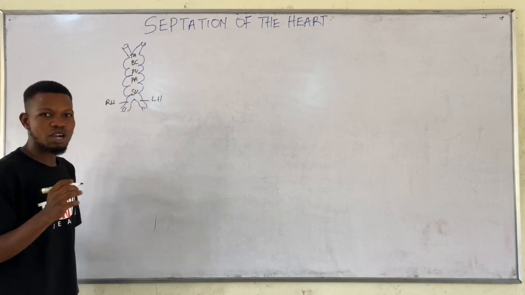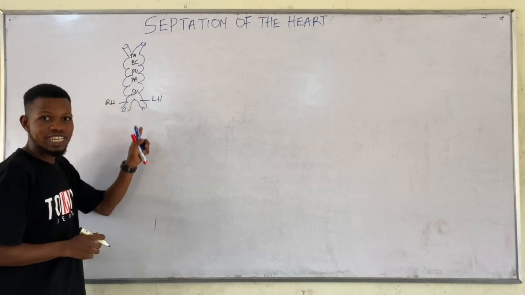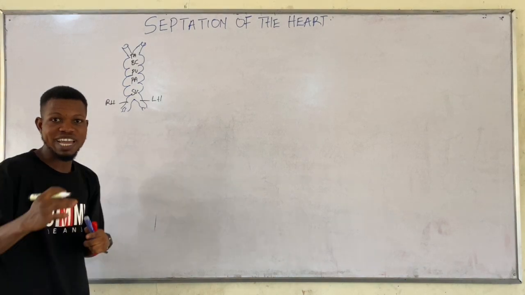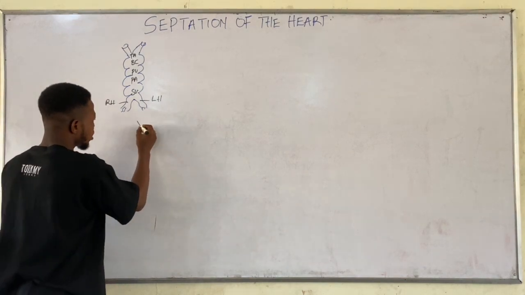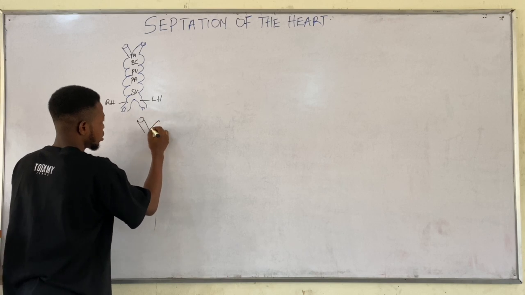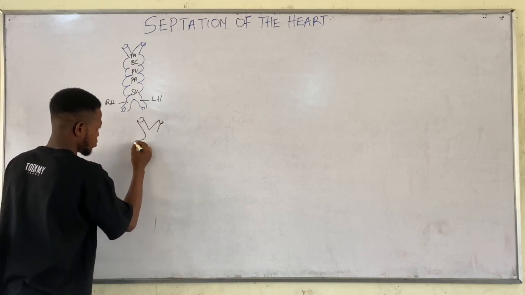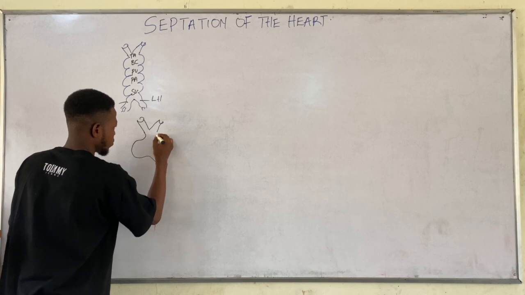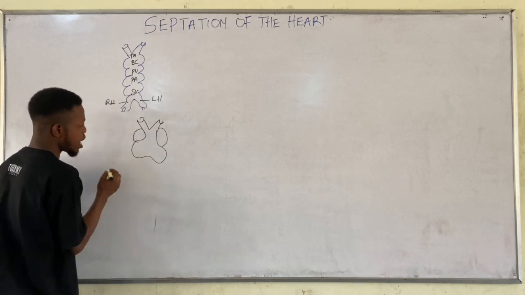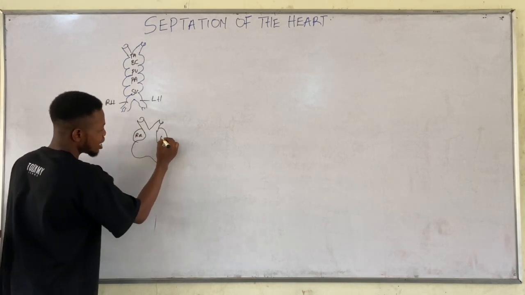Now, during cardiac looping, this is the shape of the heart. When this heart tube undergoes changes, a bending action, this is how it looks. Here we have the primitive atrium, the right atrium and the left atrium.